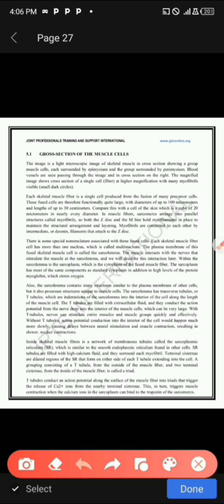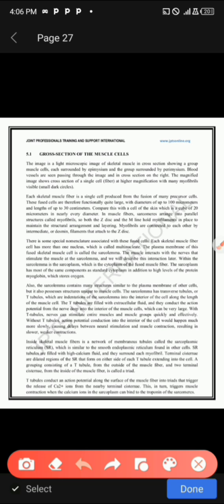Myofibrils are also connected to each other by intermediate filaments. That is why our body is a system; something needs to arrange it.